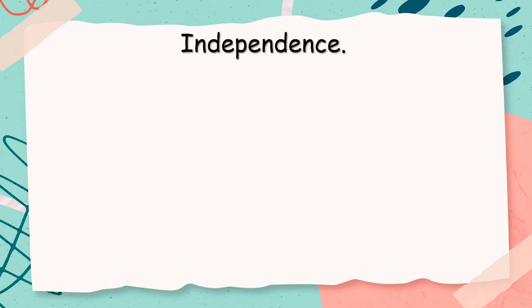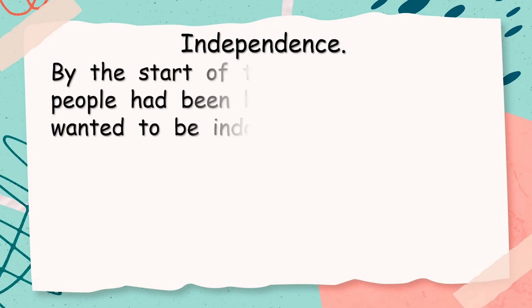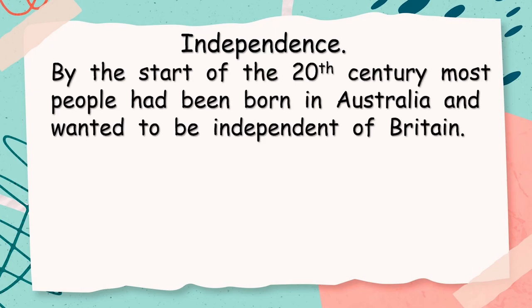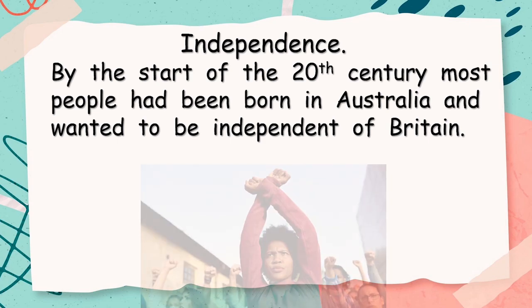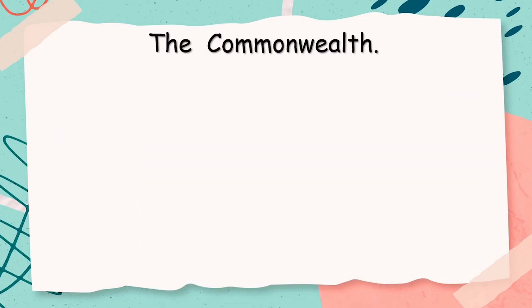What about independence? Still a British colony. By the start of the 20th century, most people had been born in Australia and wanted to be independent of Britain. They didn't see themselves as being British, not in any way. The Commonwealth.